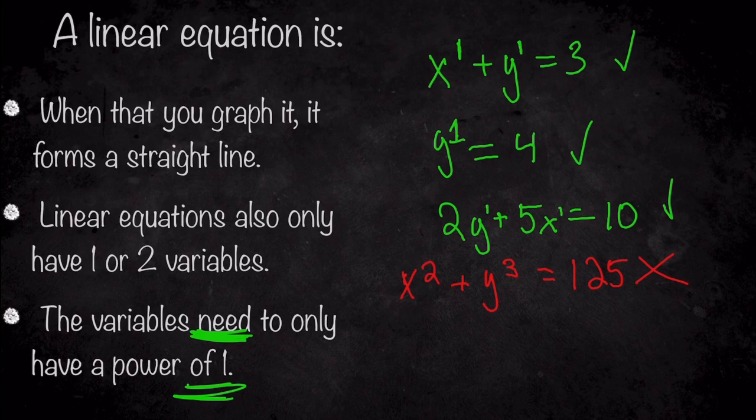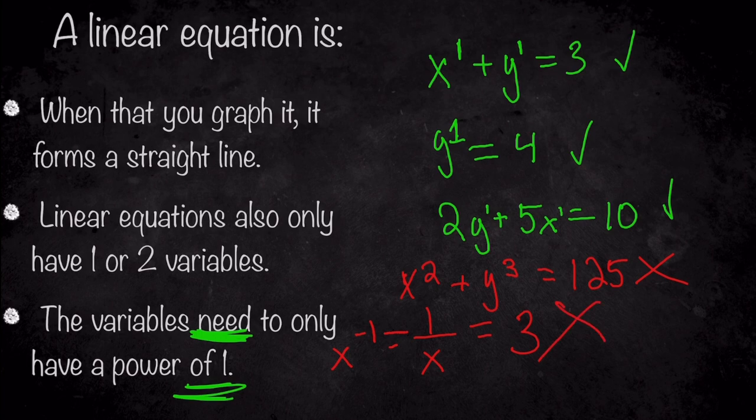Now, another example would be 1 over x equals 3. When you have a variable as a denominator, this equals x to the power of negative 1. So this will not count either.